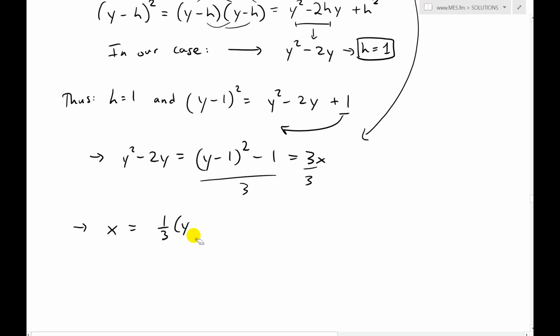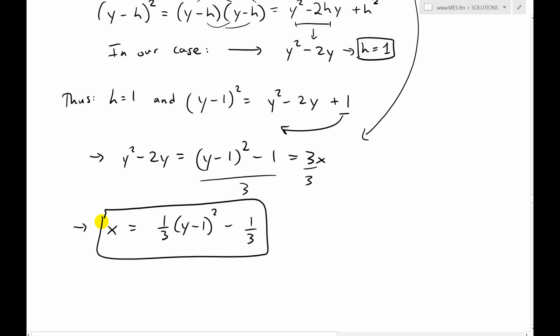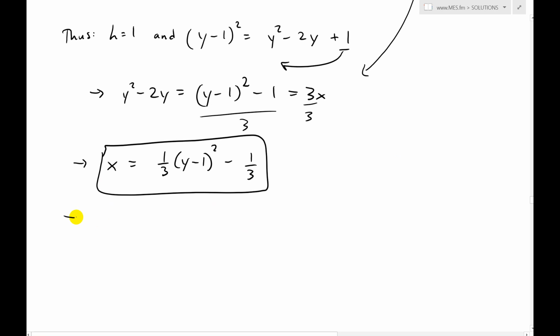And this is exactly our shifted parabola, a shifted horizontal parabola opening up to the right, because it's positive. Interesting stuff. Parabola.